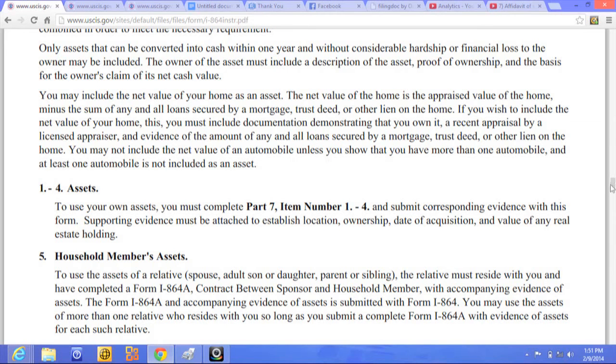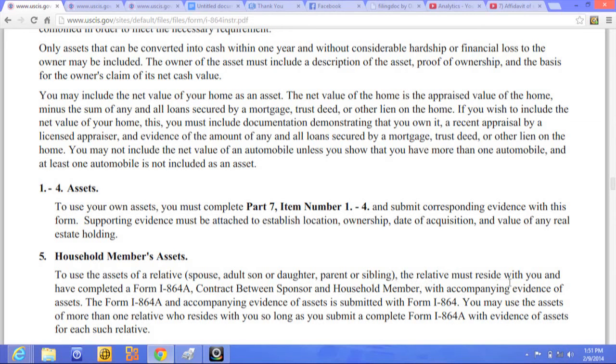Okay. Also, you may use the assets of members of your household size. That means you can use the assets of a relative, a person that is in your household size. Let's say your spouse or any adult son or parent in your household size.